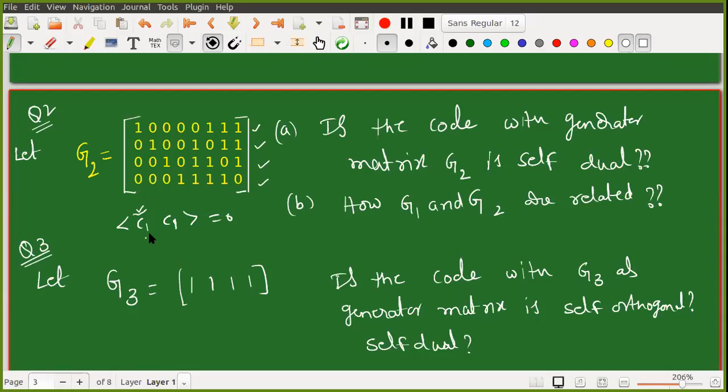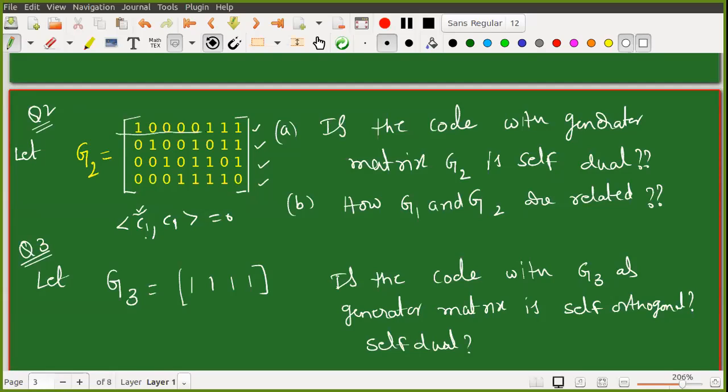Sir, you have written the inner product of C1 with C1, and it is 0. Yes, exactly. So you are telling that only the zero vector will satisfy, and no other vector will satisfy, right? No, sir, there will be others.